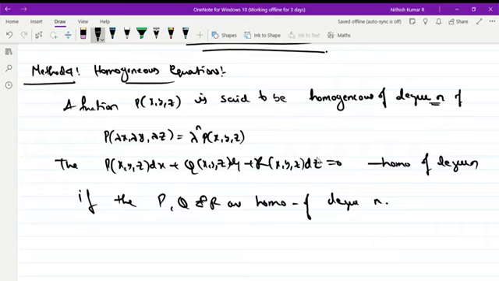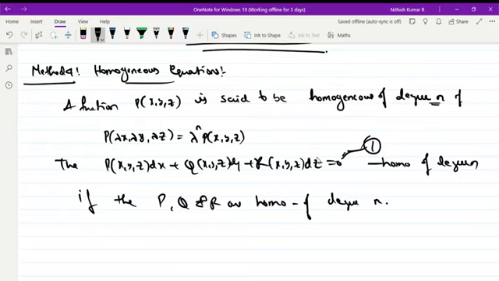P is homogeneous of degree n, q is homogeneous of degree n, and r is homogeneous of degree n. In that case, let's name this equation number 1. This Pfaffian differential equation is a homogeneous equation of degree n.